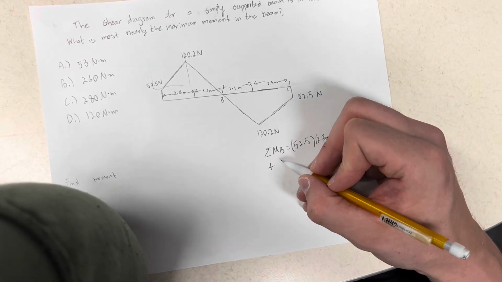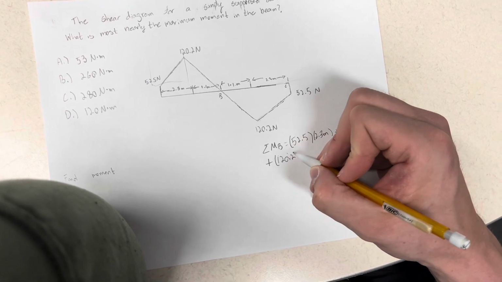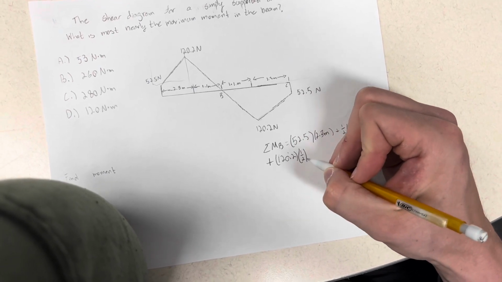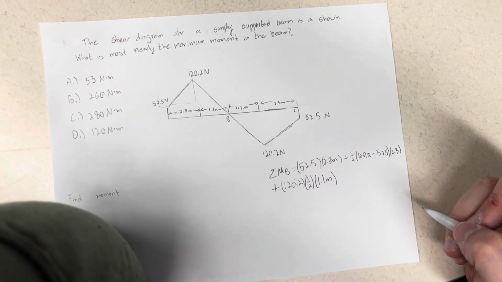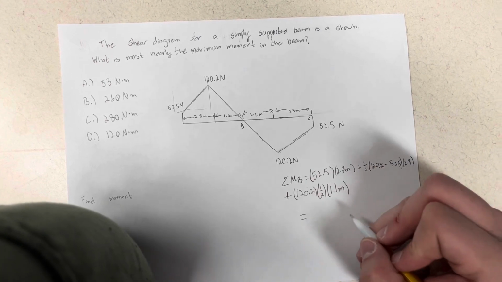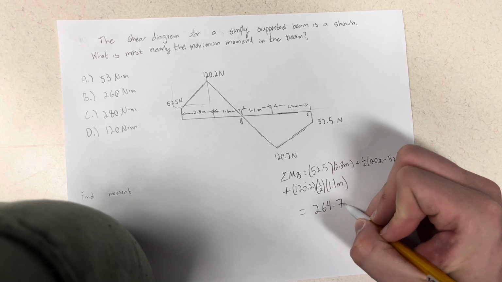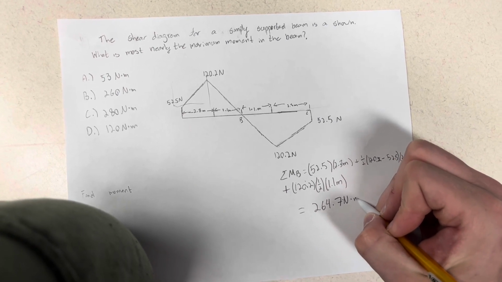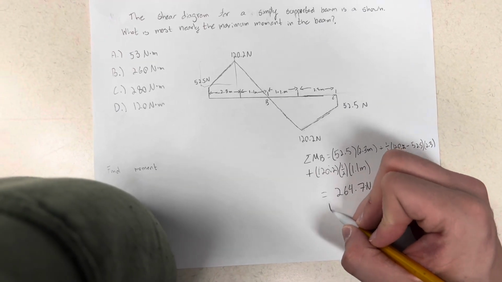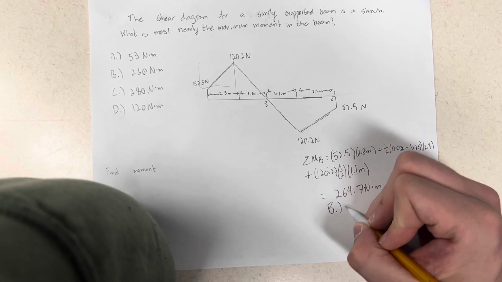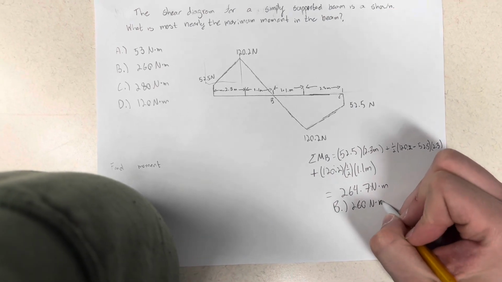We'll do another 120.2. That's 1/2 times 1.1 meters. So when we solve this, we get about 264.7 newton meters. And that is most closely B, which is 260 newton meters.